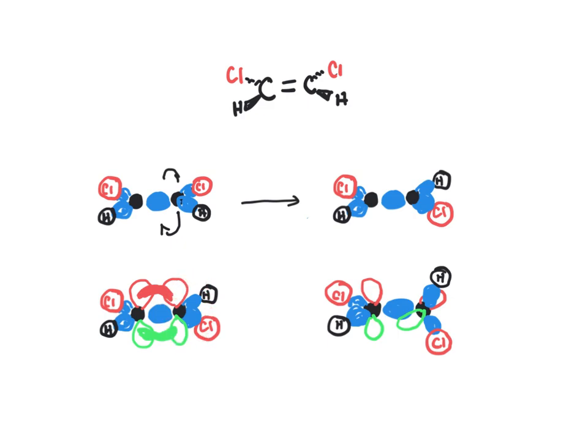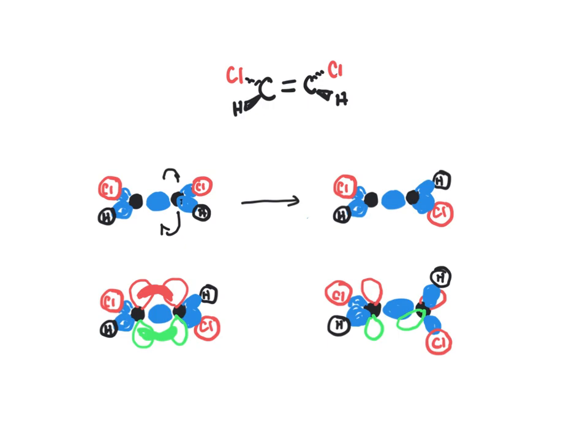So if I have double bonds or triple bonds, because the same thing would apply, I have to break the pi bond in order to rotate this half of the molecule relative to this half of the molecule. So there's no free rotation around a double bond. However, if I just have a single bond here, I can easily rotate around.